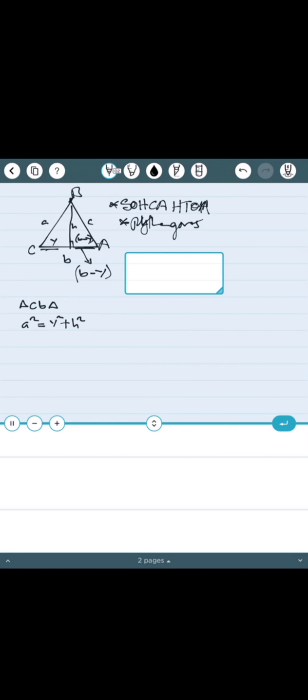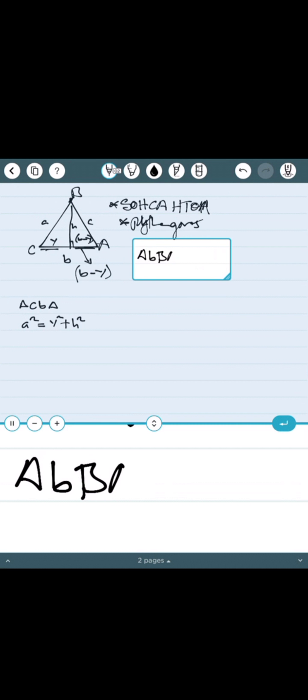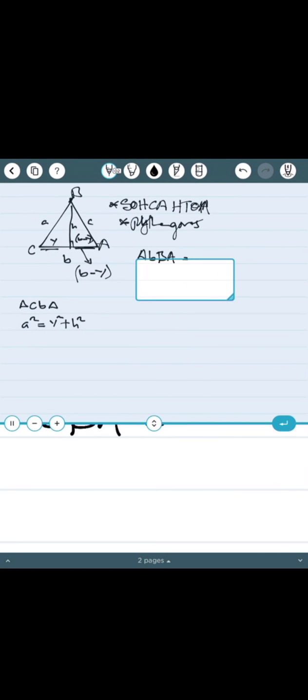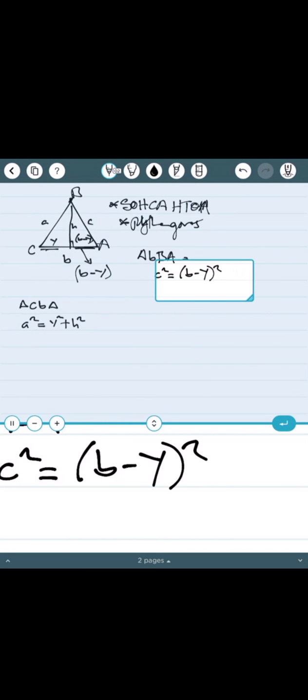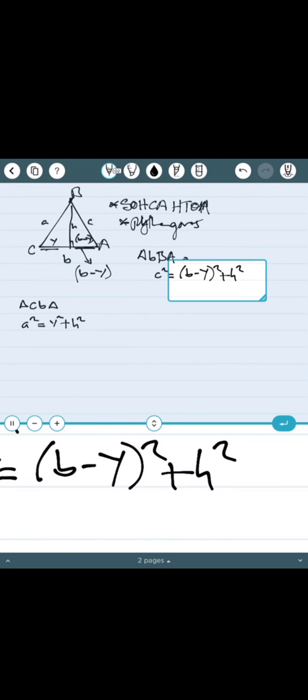And then when we look at the other triangle here, we're going to have the hypotenuse squared, which is C squared, is equal to the base squared, that is B minus Y squared, plus the height squared.